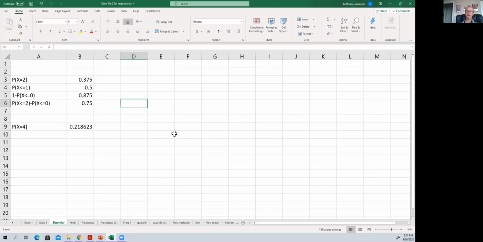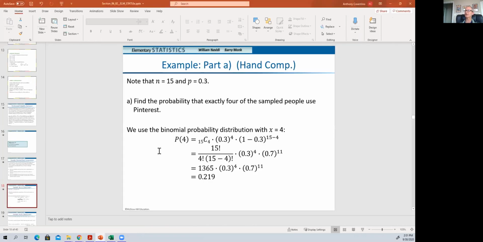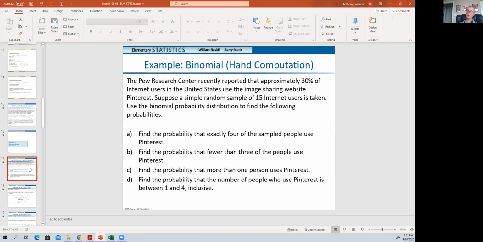And when you type in the right numbers, you get 21.86%, which matches the hand calculation. The equals is usually the easiest one. Some of these other ones are a little bit tricky, so let's work through these next ones together.